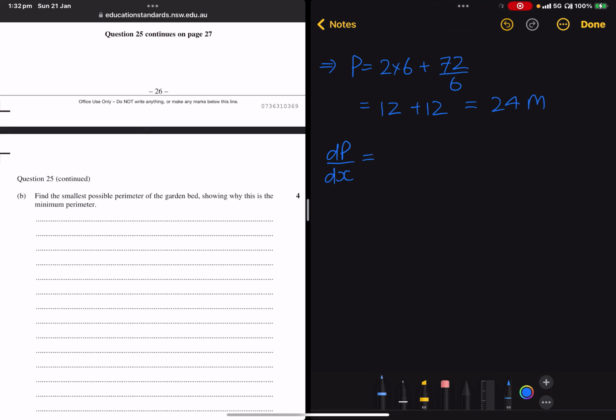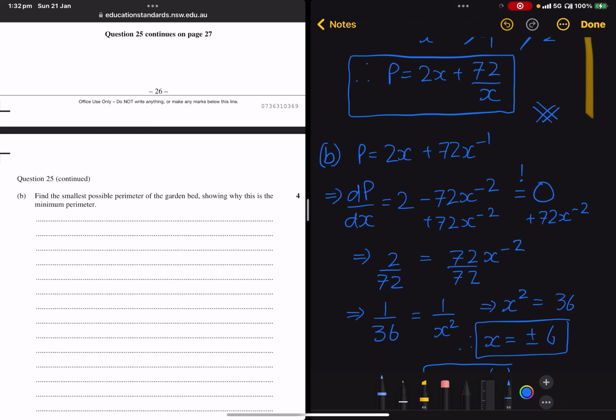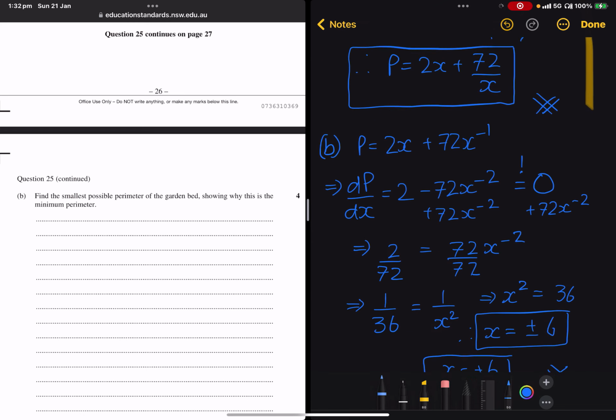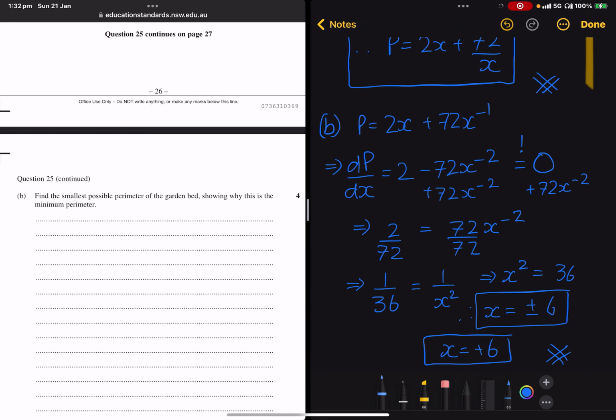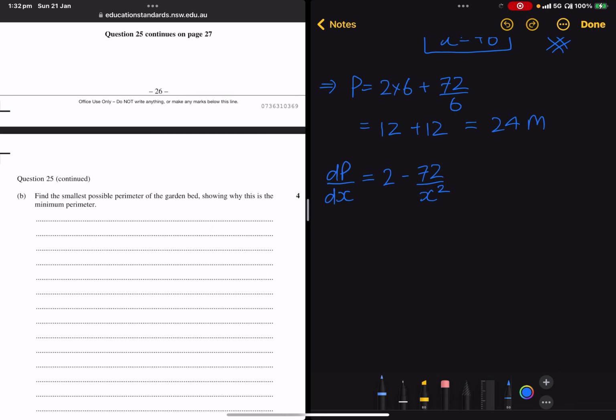So we worked out the first derivative was 2 minus 72 over x squared. This is x to the minus 2, which is the same as over x squared.